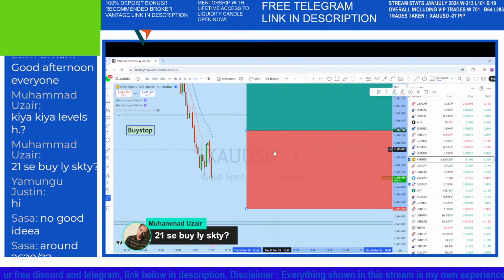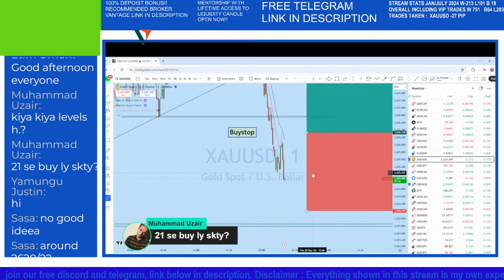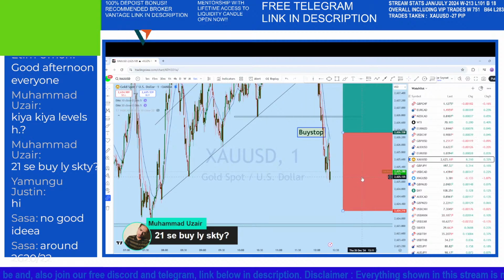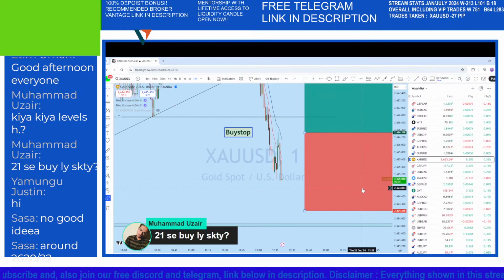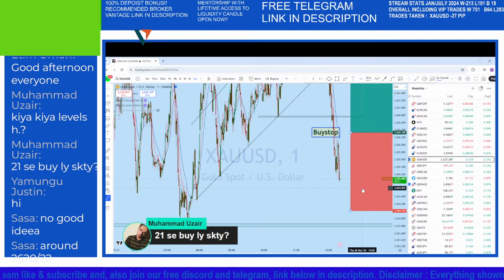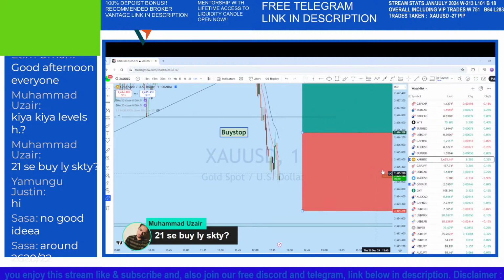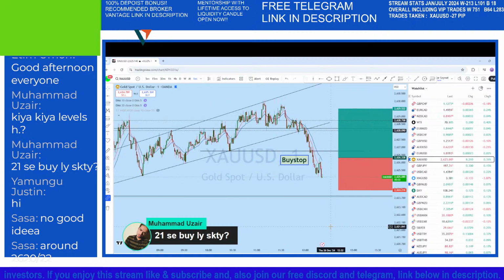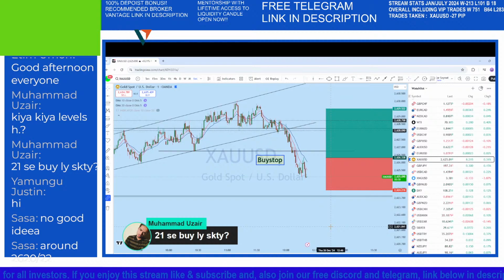So it formed another bearish structure here and another support. Waiting for a single breakout.